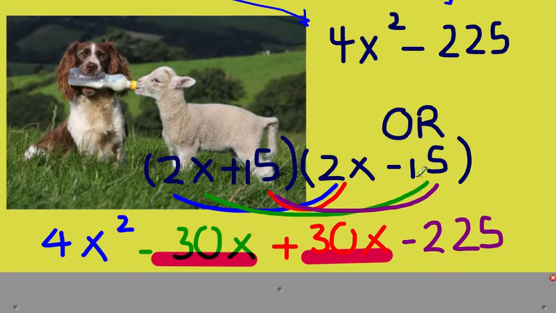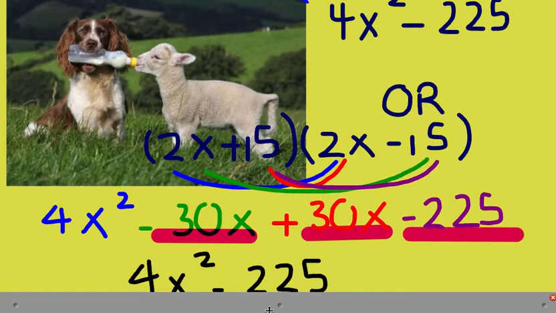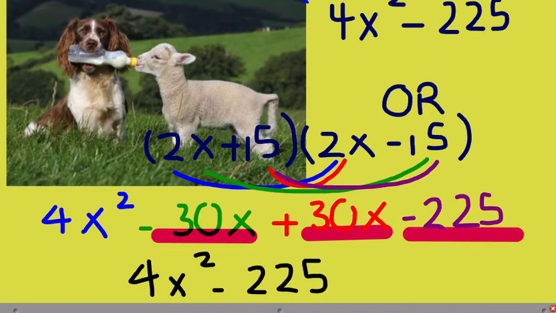And then 15 times negative 15, and that's where that negative 225 is coming from. And then when we combine our like terms, these two middle terms are actually going to cancel out. So that's why we're left with just 4x squared minus 225.